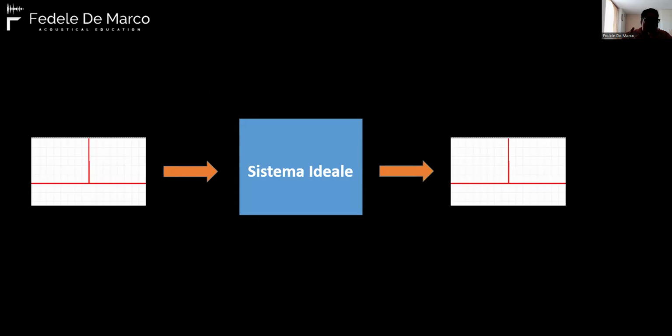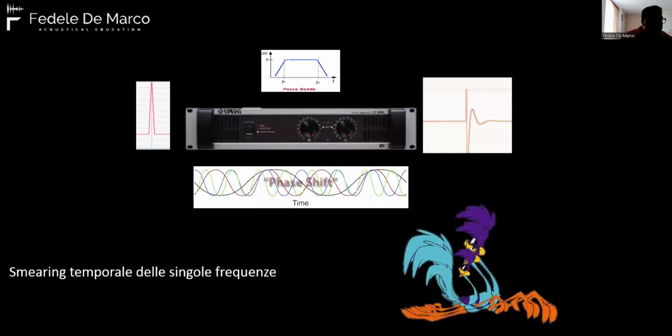All frequencies enter the system together, at the same time, and at the same time they exit the system. Any device in the audio chain of our real sound system introduces frequency-dependent phase shift and temporal smearing of the impulse response.